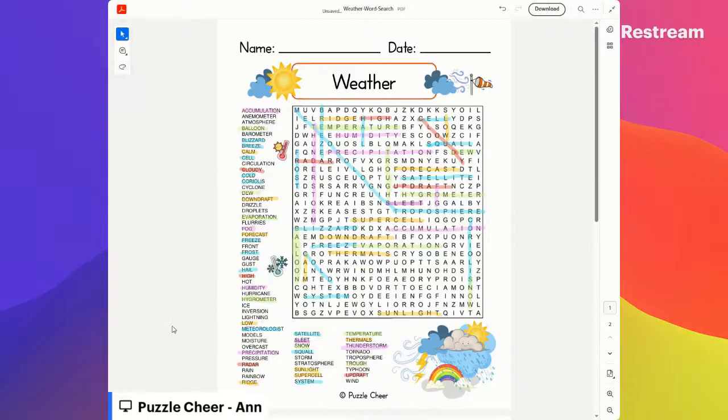Rory says pressure is vertical, starting with the first P of precipitation, top left. Okay, so pressure right here. P-R-E-S-S-U-R-E, pressure.